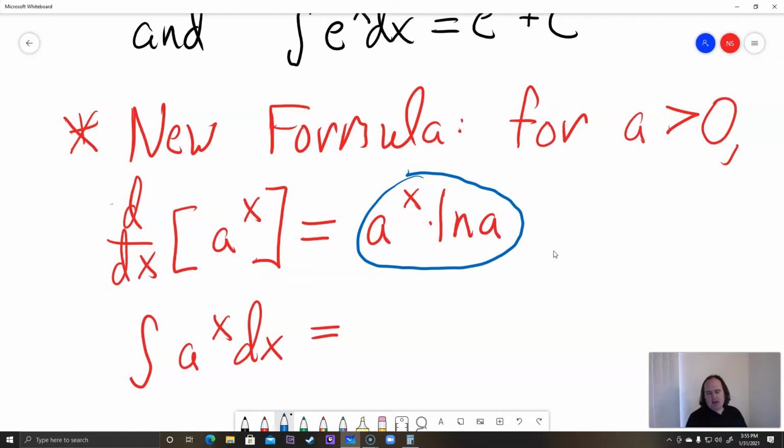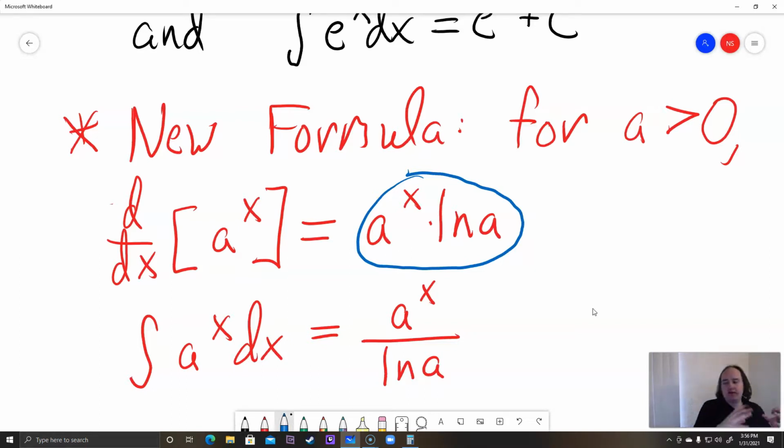So how do we get the integral of a to the x? Well, we would have to divide both sides by ln of a. And so on the left side, we would get a to the x divided by ln of a. So the integral of a to the x dx is going to be a to the x divided by ln of a, because it's essentially the reverse operation.